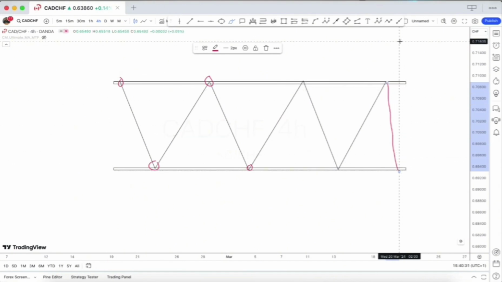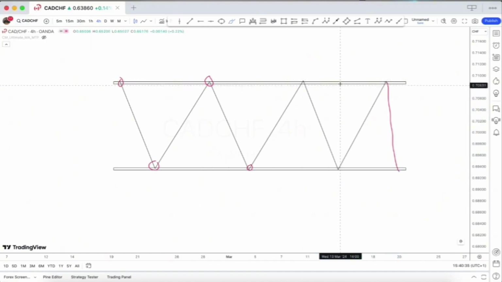Because there are a lot of sellers around this resistance level. And mind you, when there are several touches at a particular level, sometimes this level does not hold as strongly, because there have been several market touches.